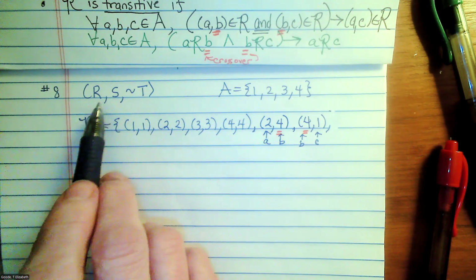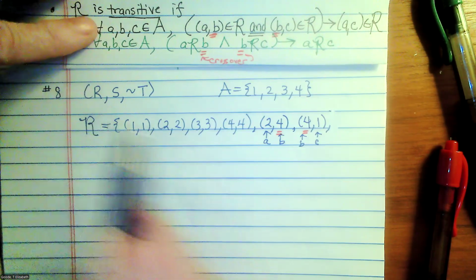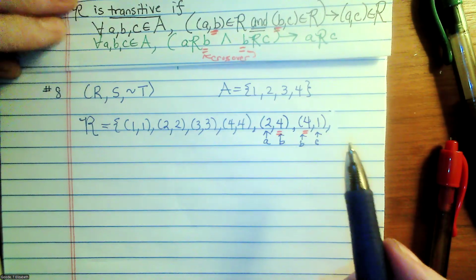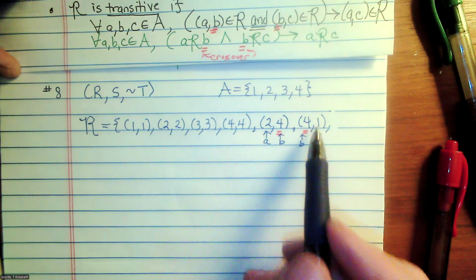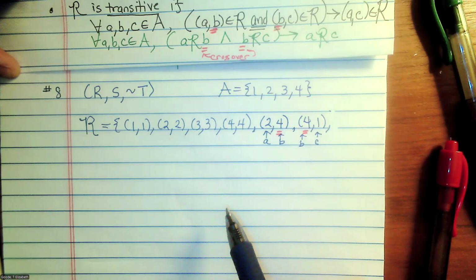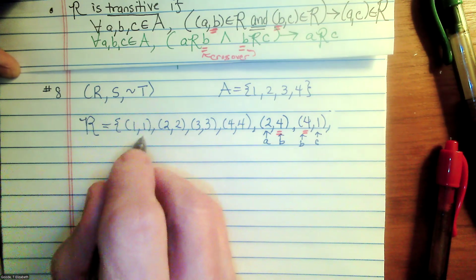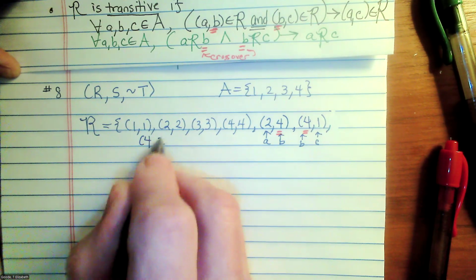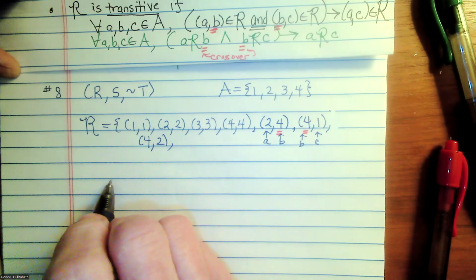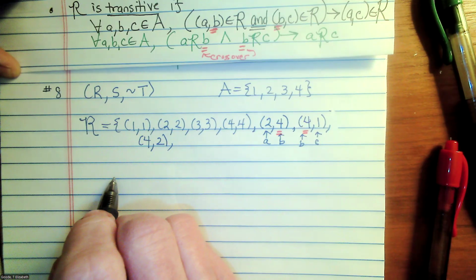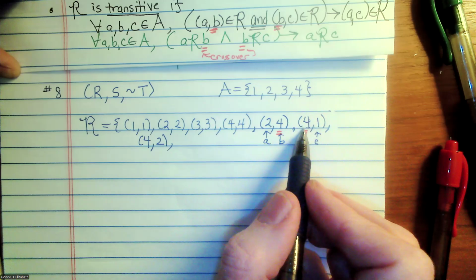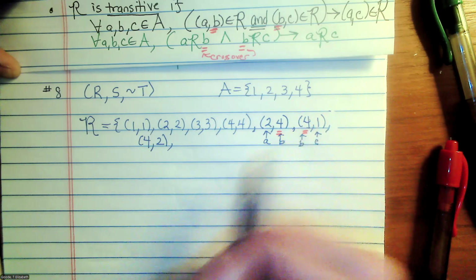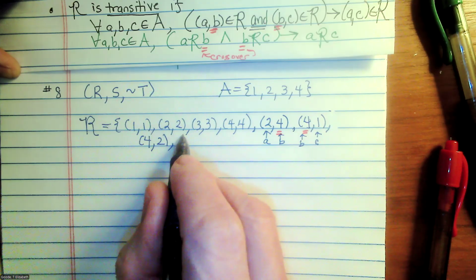So what ordered pairs do you suggest that we add to repair the symmetry that we just lost by adding these two? 4 to 2. Yep, we need 4 to 2. And what else do we need? What would be the symmetric twin of the ordered pair 4, comma 1? 1 to 4. Yep.